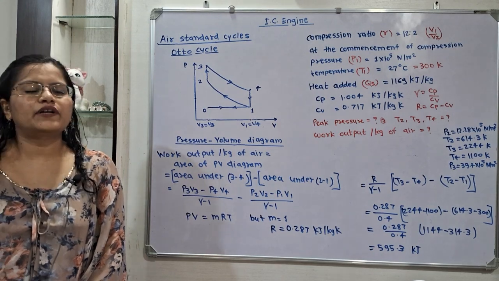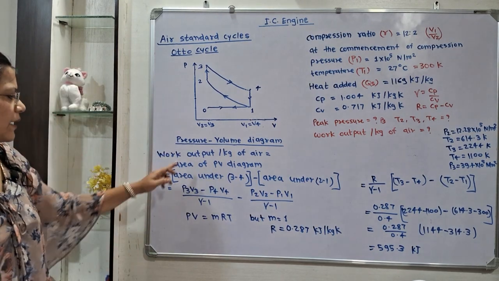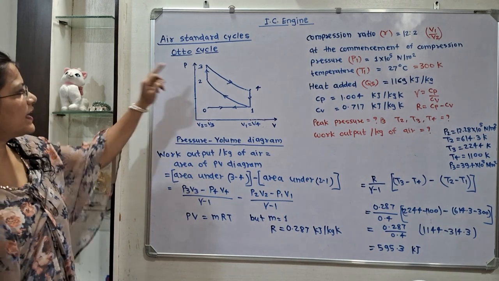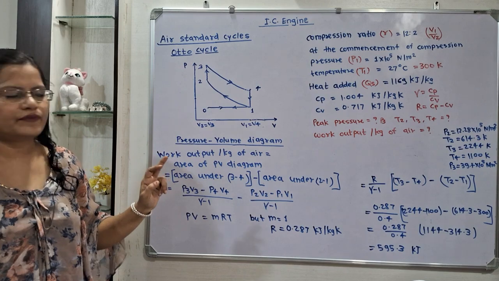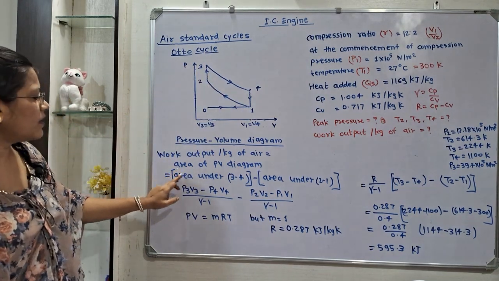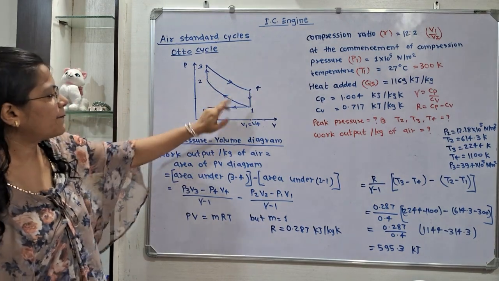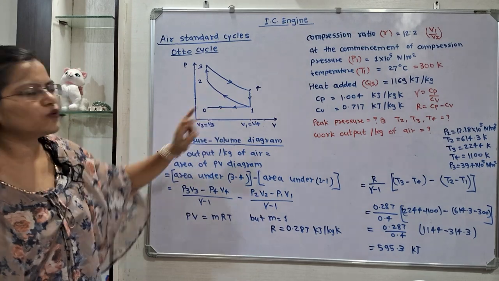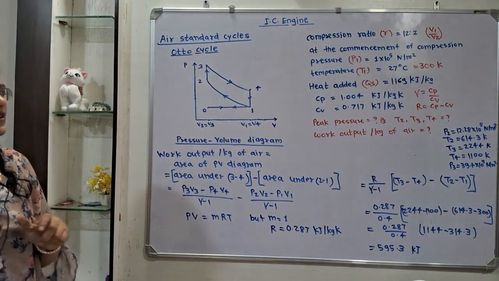Now we will calculate work output per kilogram of air. It is the area of the PV diagram. So how to calculate the area of the PV diagram? Area under 3 to 4 minus area under 2 to 1. Now I will make one construction here.